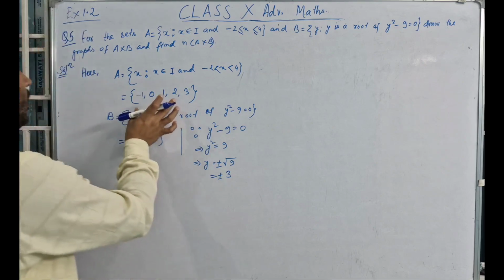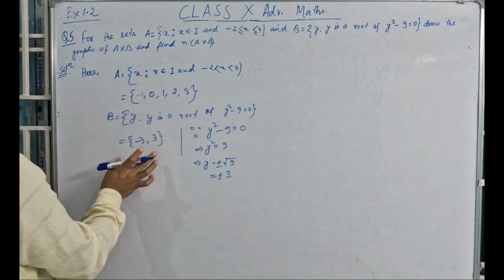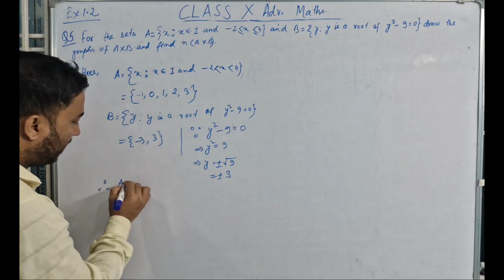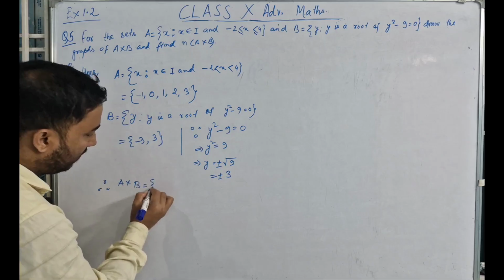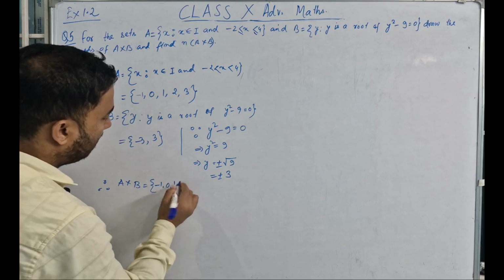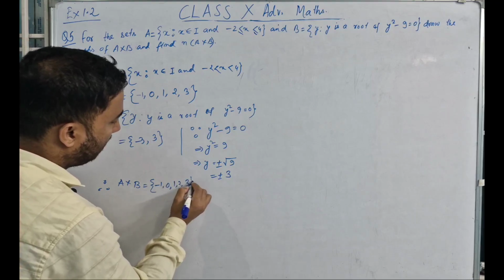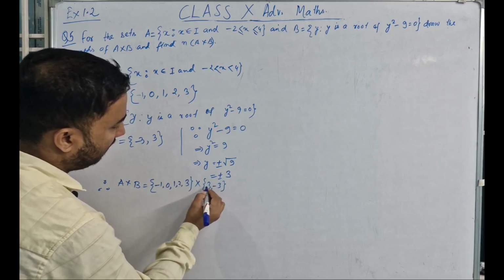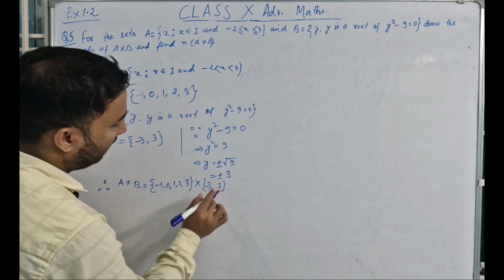Now since we have all the elements of the sets A and B, we can find A cross B. Therefore A cross B is equal to {-1, 0, 1, 2, 3} cross {-3, 3}, right?